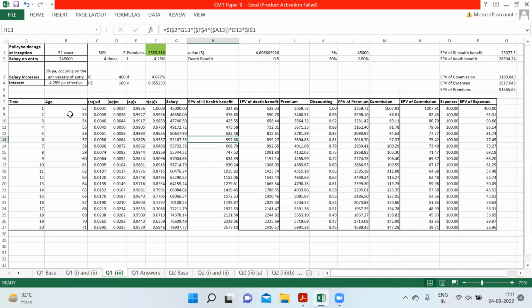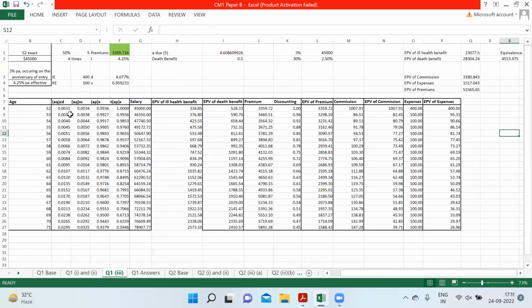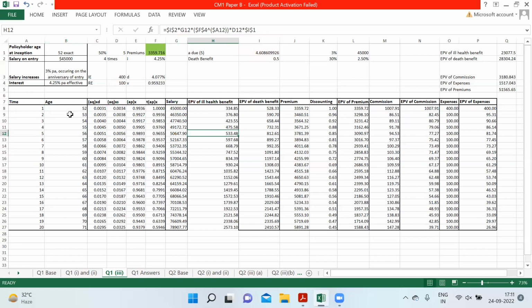Okay, then we have the EPV of qx into tpx, which also will be there from 1 onwards and going on till the end.